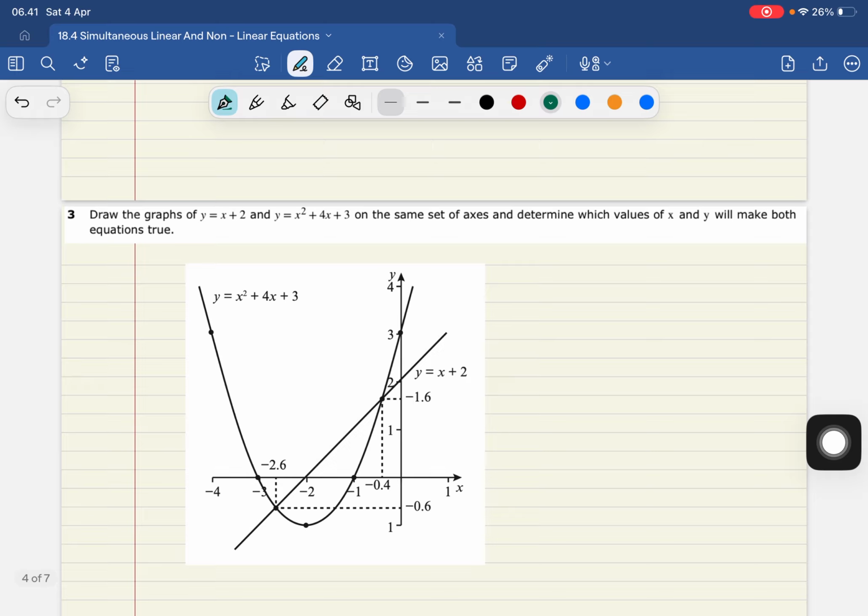We can make these two points. When x equals negative 0.4, y is going to be 1.6. Another one, when x equals negative 2.6, y is going to be negative 0.6.